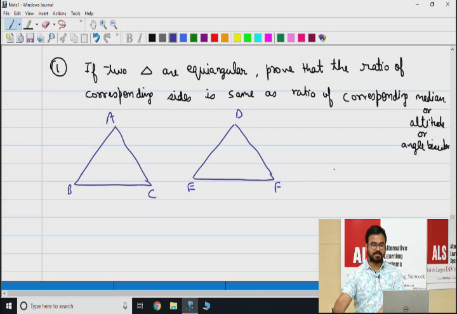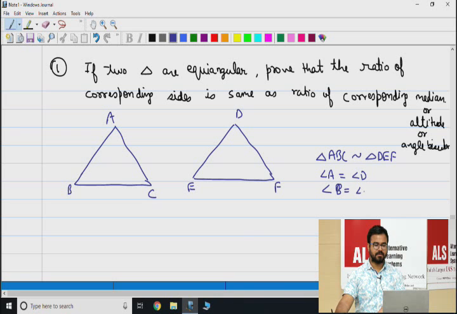Now this is equiangular, so we can say triangle ABC is similar to triangle DEF, or angle A is equal to angle D, angle B is equal to angle E, and angle C is equal to angle F. This is given to us, and let us draw the medians of these triangles.